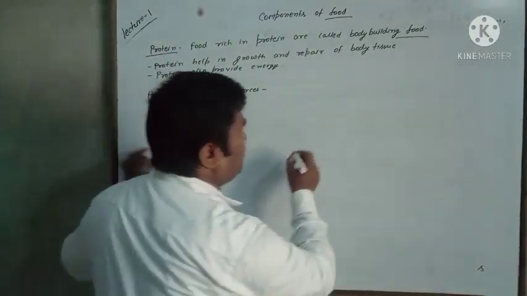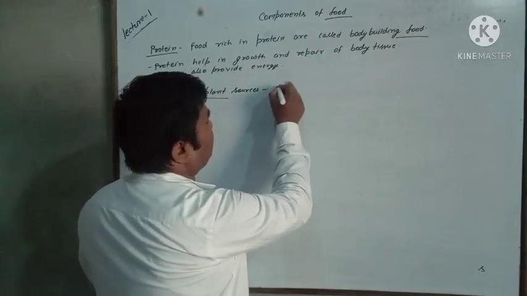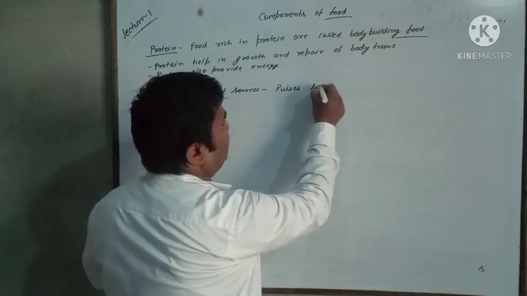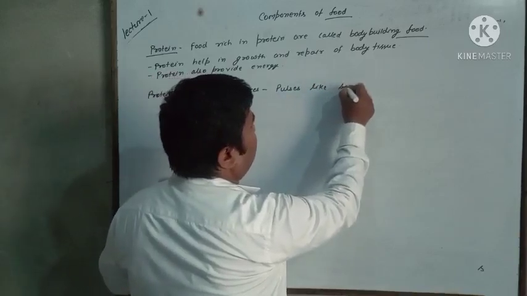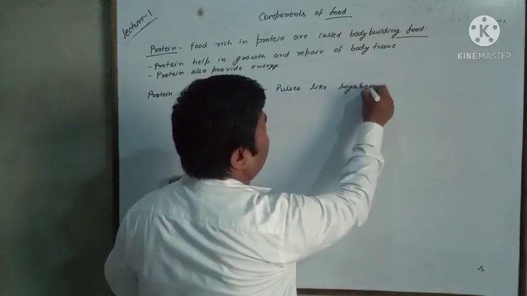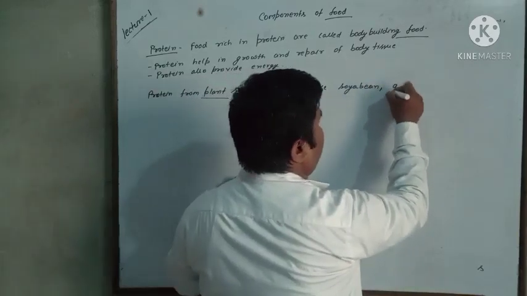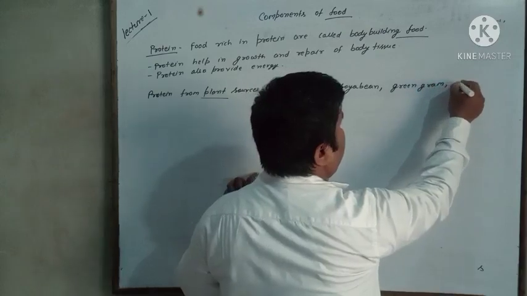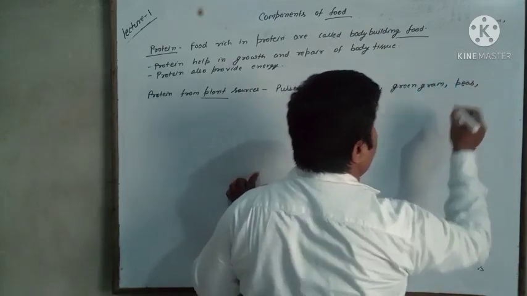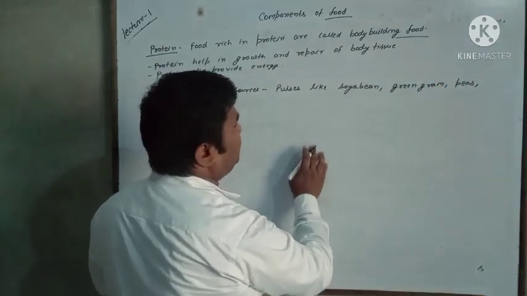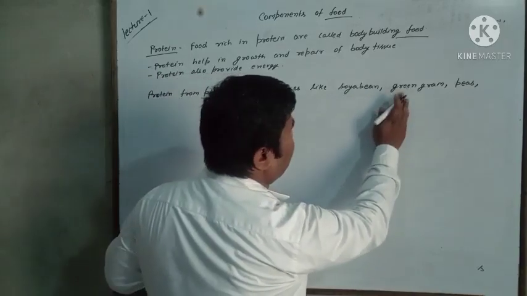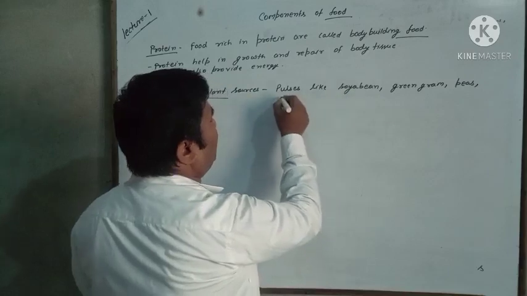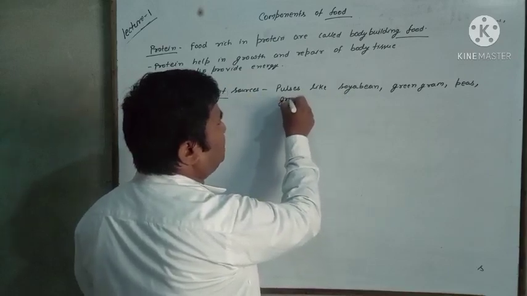If we are talking about plants, it is pulses like soybean, green gram, peas, and gram.